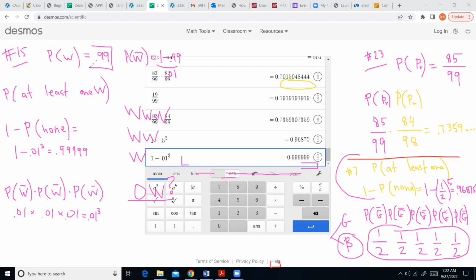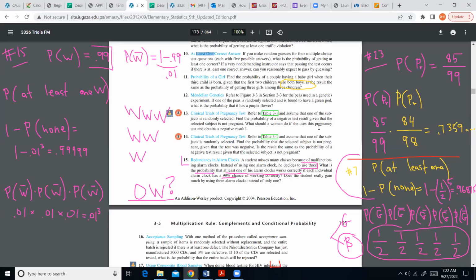So it's very, very close to 100%. So instead of 99%, you pretty much gained yourself almost 100%. So that's one of the highest possible chances. So that's great that one could have such a big chance to wake up.